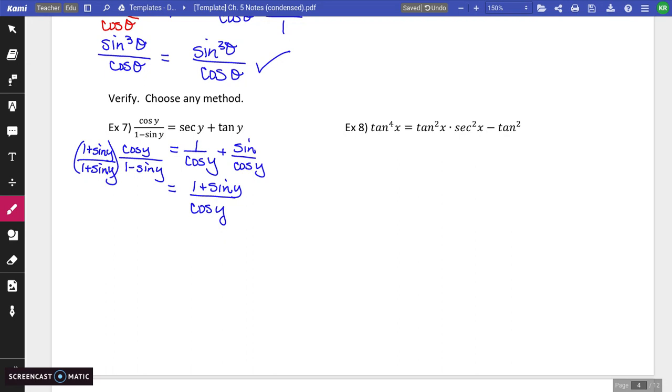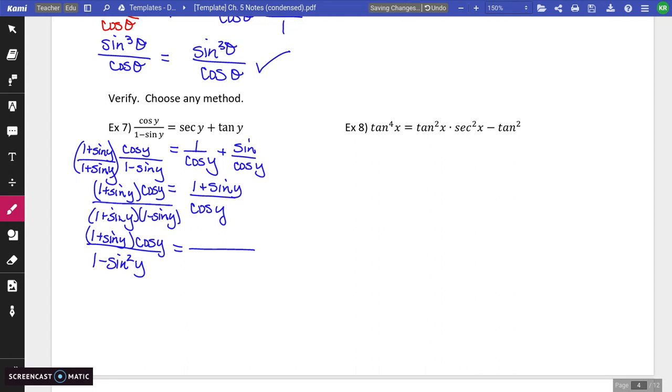So this becomes 1 plus sine y times cosine y over 1 plus sine y times 1 minus sine y. Over here on the left, if I multiply that, distribute, I'm going to get 1 minus sine squared. And in the numerator, I have 1 plus sine y times cosine y.